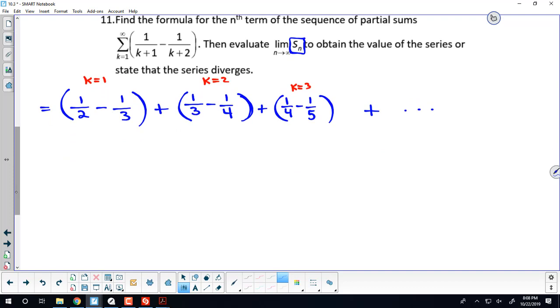But I think the first few terms are sufficient. We'll write out the last few terms. Remember, again, we're stopping when k is equal to n. We're after the nth partial sum.